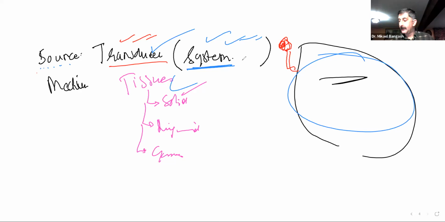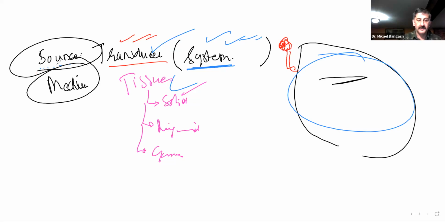Okay, guys. Now, our first parameter. Before that, any questions about what we mean by source versus medium? Nope.